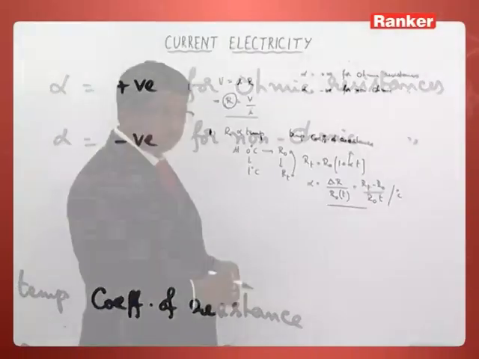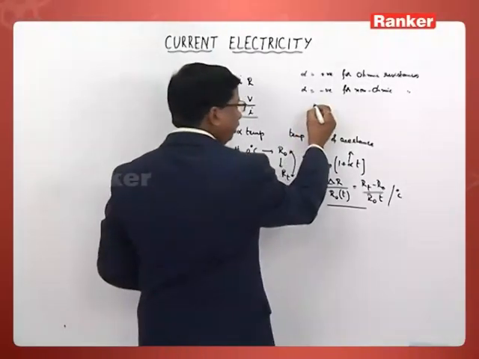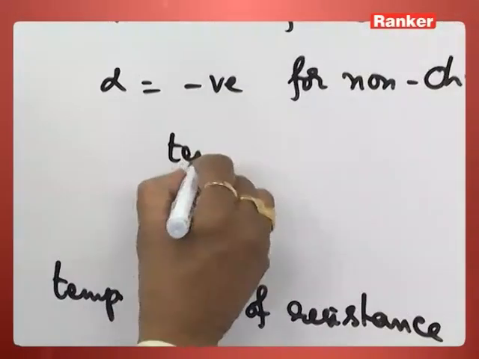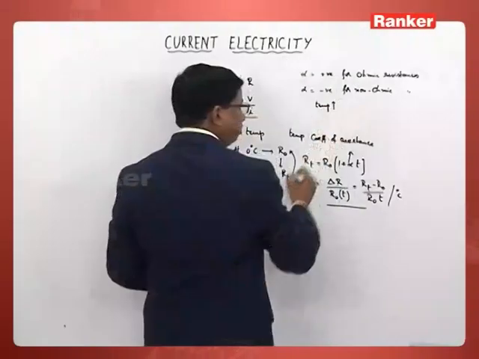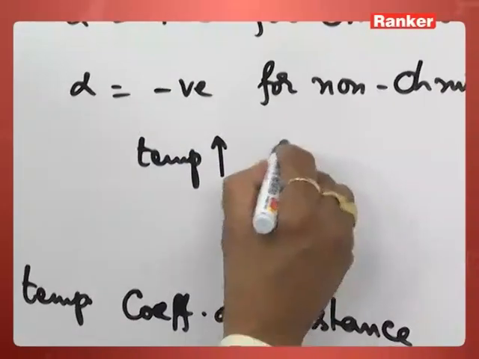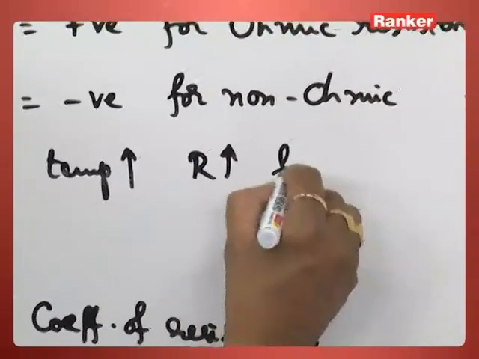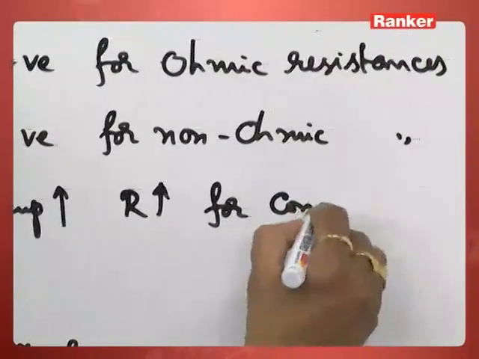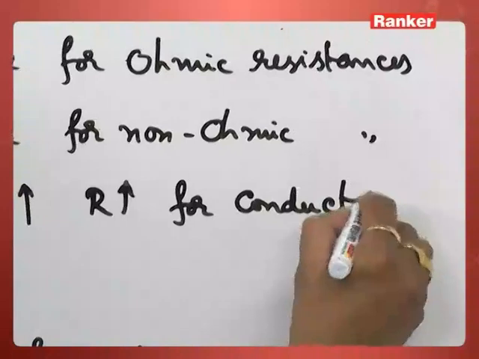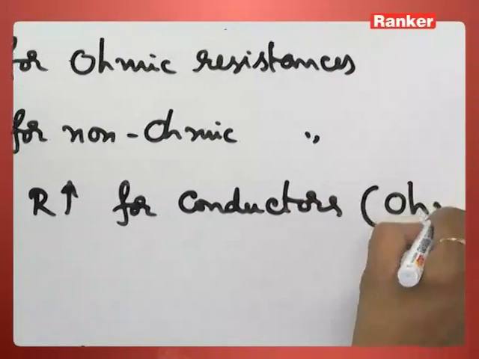In addition, as the temperature increases, the resistance also increases for conductors, which we call ohmic resistors.